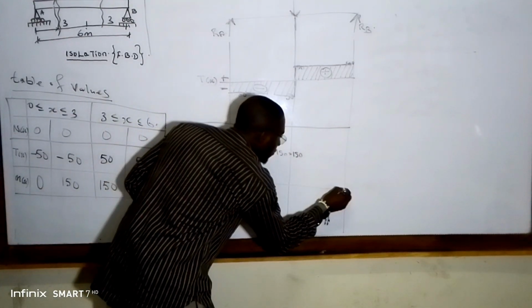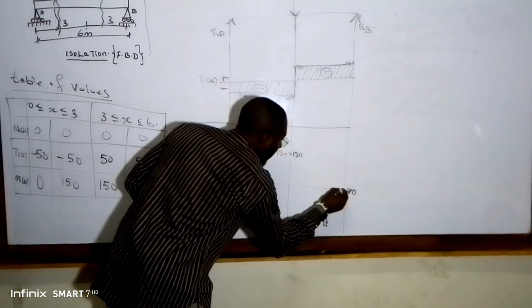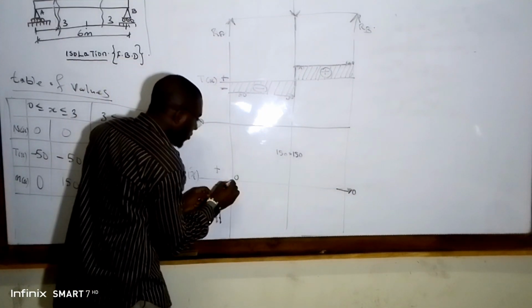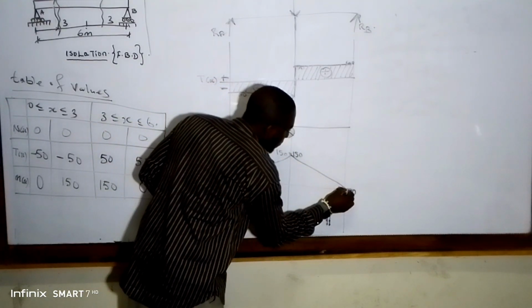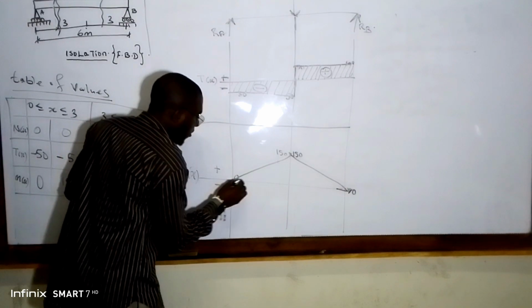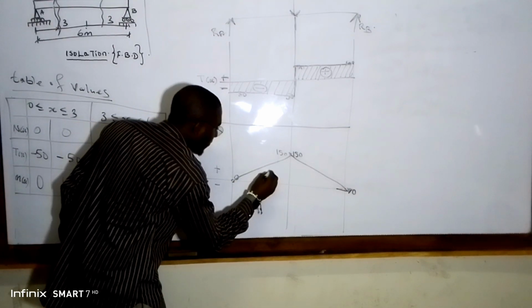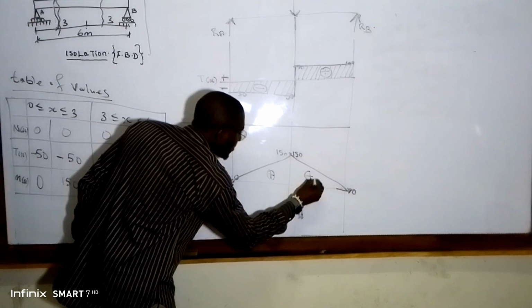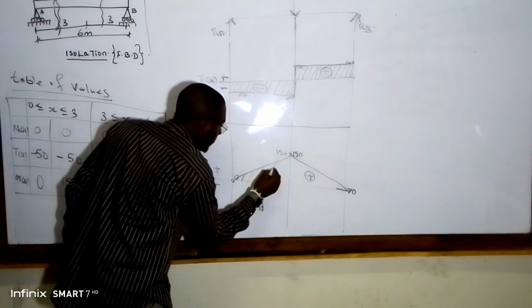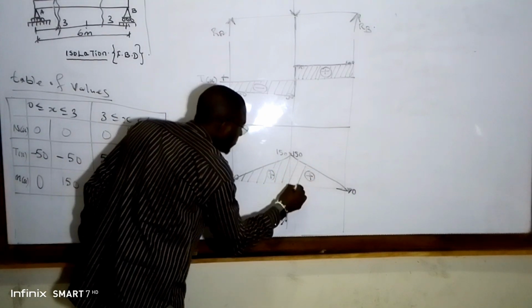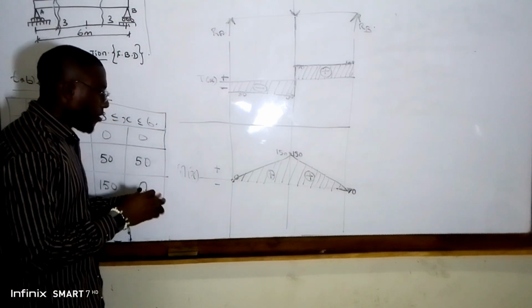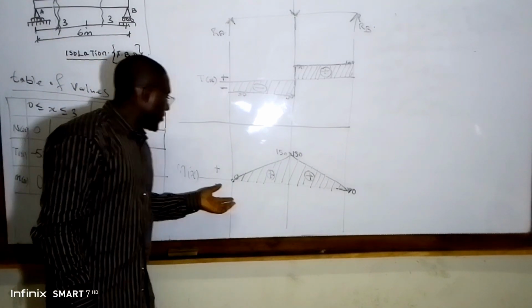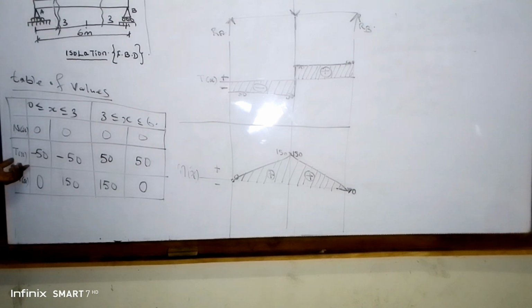We simply link the points. It leaves here, comes like this, and then comes back to 0. We have positive, and we hash. So guys, we have used our table of values to plot and draw our shear force diagram and our bending moment diagram.